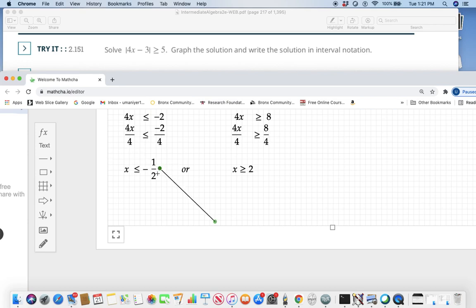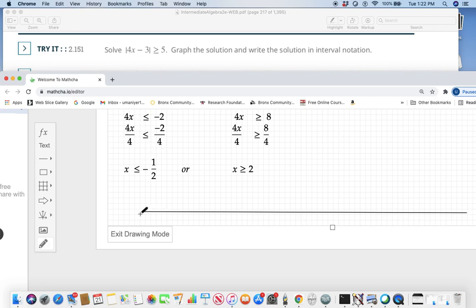Draw your number line. Negative half is somewhere here. Two is somewhere here. Negative half is included.